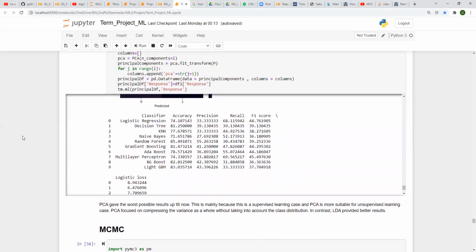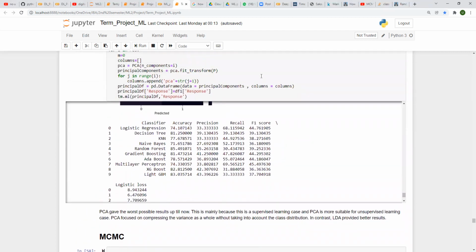And PCA has deteriorated the results very badly. The reason for this is because it is a supervised learning case, and PCA is more suitable for unsupervised learning because it doesn't take into account the class distribution, and it basically focuses on compressing the variance as a whole without taking into account class distribution. So in contrast, LDA has provided much better results. So this was the machine learning part.